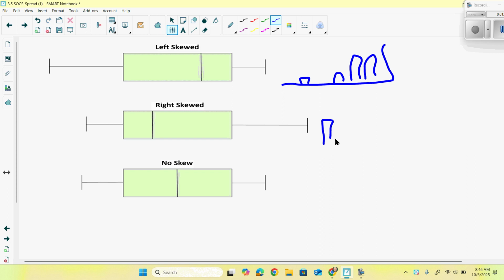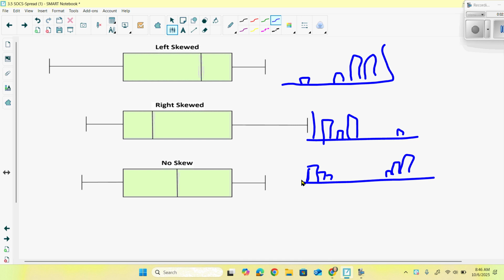Bunch of values on the lower end, and then somehow something that drags it up to the top. And then, of course, skewed or no skew, we don't know what it could look like. It could look like some items that are lumped together on the low end and then lumped together on the higher end, or a normal shape would look something like this. Okay, so just to remember that.